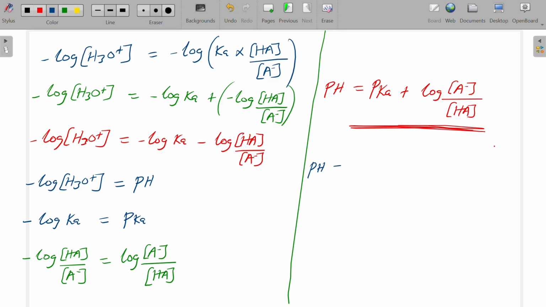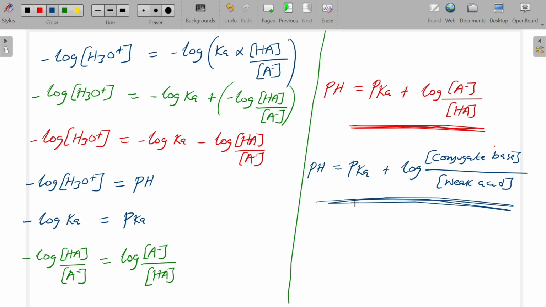This is the same as pH is equal to pKa added to log of, on top there, the conjugate base concentration divided by the weak acid concentration down here as well. So this is the Henderson-Hasselbalch equation, and this is how you derive it.